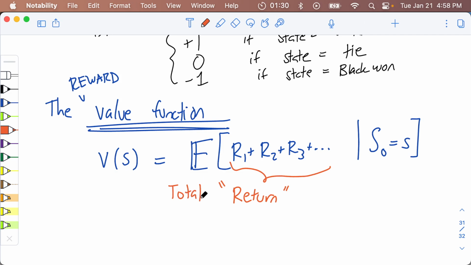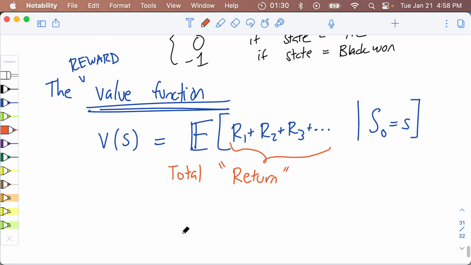But very technically speaking, if you open the textbook and ask what is a return, a return is the sum of the rewards starting at some point. And in fact, the textbook defines this with a random variable. They call it G_t, which is the total return after time t.